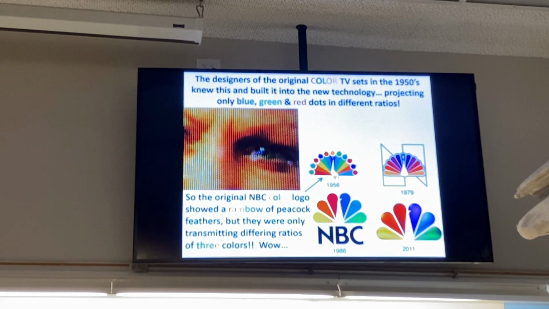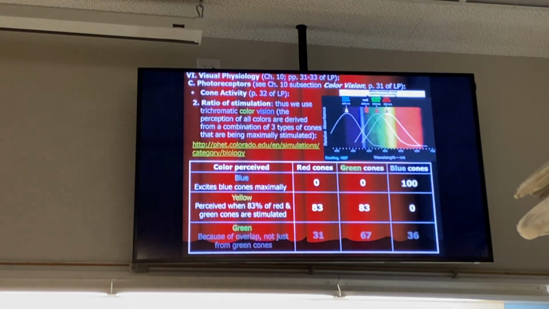But back then, people actually paid attention to science, and because they paid attention to the physiology of cones, not only did the TV manufacturers, but those that made cameras to transmit color signals, know you only had to transmit 3 colors and just alter the ratios, like this on the bottom.